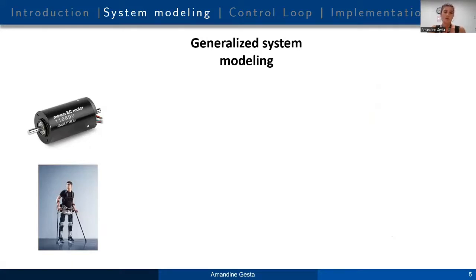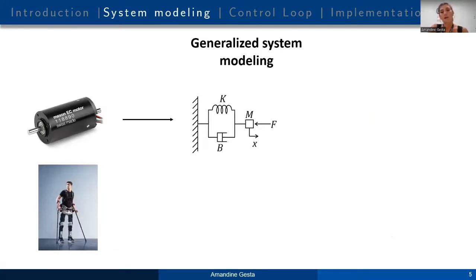When you want to, for instance, control an exoskeleton, you need to control its actuators and their impedance. To simulate the control, you need to model the system. Most of the time, an actuator is modeled by a generalized model of a spring, damper, and mass system, which can be translated by this equation.